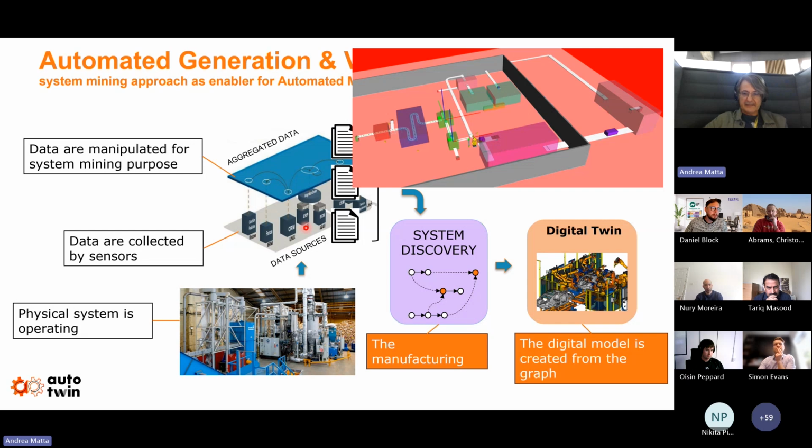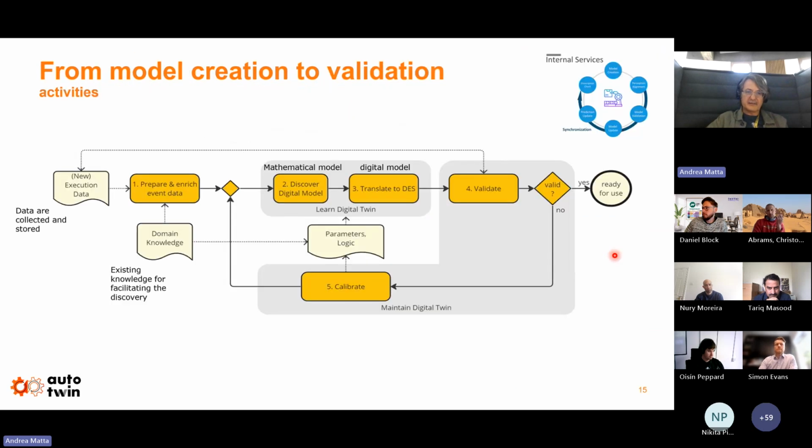So you see from plant to the data, and then we discover the graph, and then from the graph we have the software. This is from model creation to validation. Of course, we have the validation, we have the calibration of the model, and all this stuff that is almost automatic, not everything automatic, because you see we are using domain knowledge here.